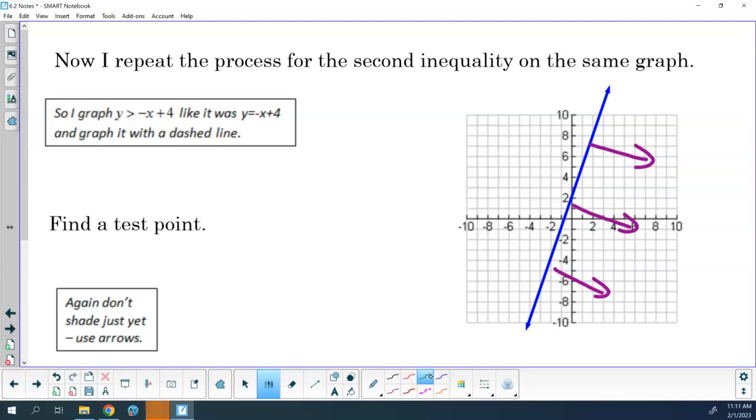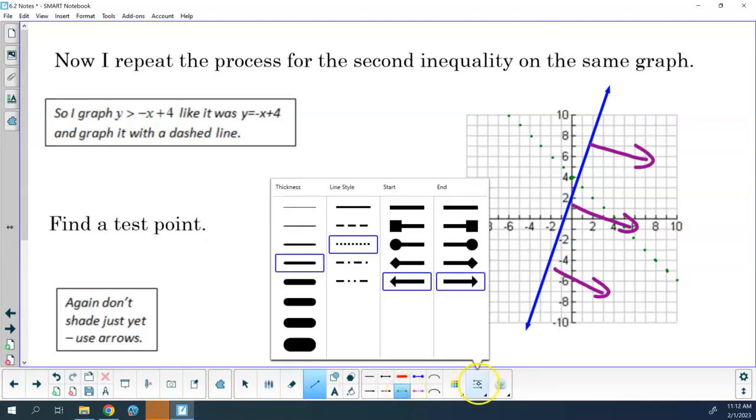So that would have a y-intercept of positive 4, and then it would have a slope of negative 1, which would be down 1 and right 1, or up 1 and left 1. That line, because it doesn't have the equals component, is going to be a dashed line.